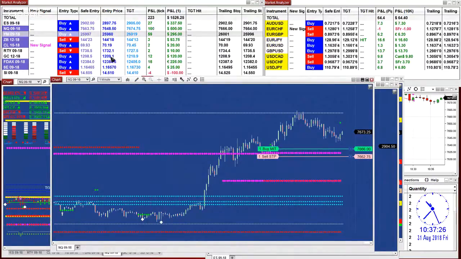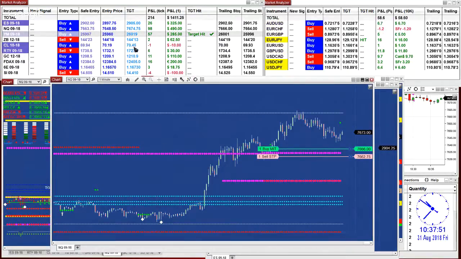The entry was 0901, and the target is 1210.09. I remember I read that number. So right now you are 12 ticks in the plus. And I think we had the 30-year treasury bond earlier, and now we have a new entry on the CL at 70.19, target 45. That's around 26 ticks. This is not bad at all.